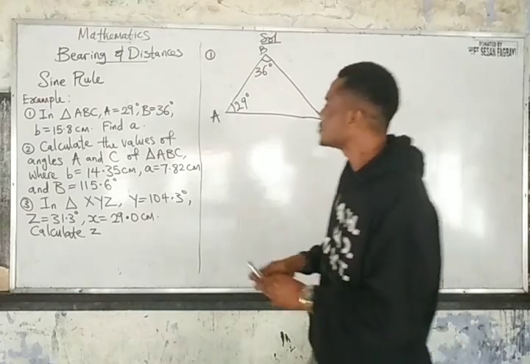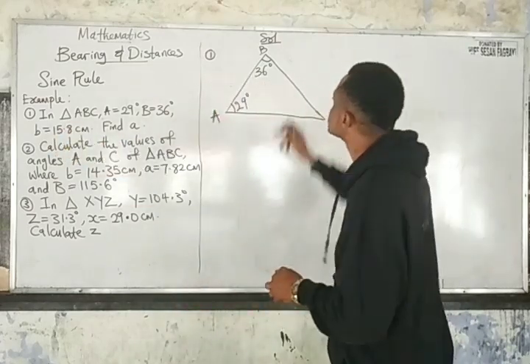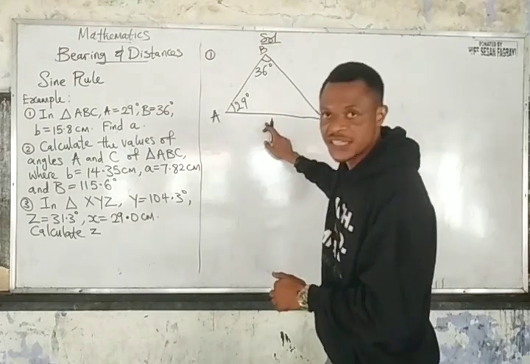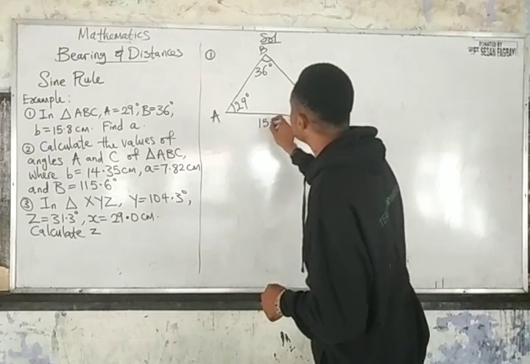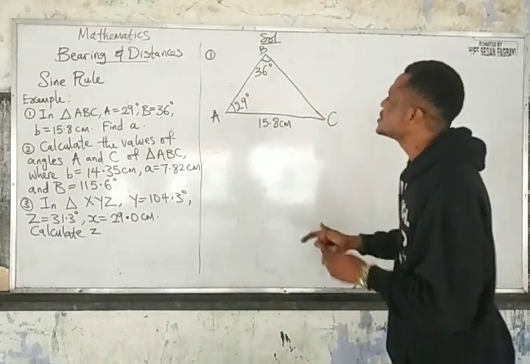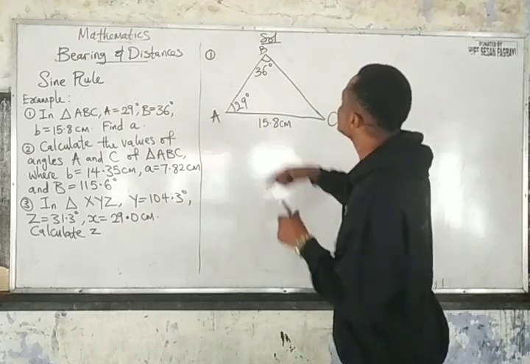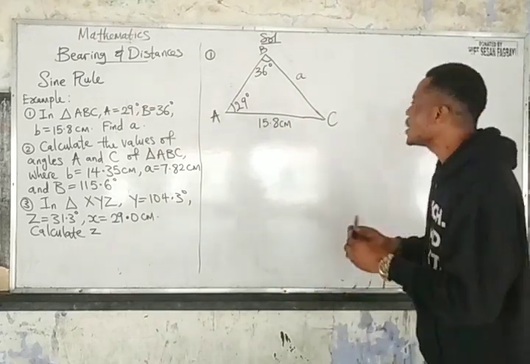I'm following what is given to us. The small b is 15.8 centimeters. And we are asked to find the small a.